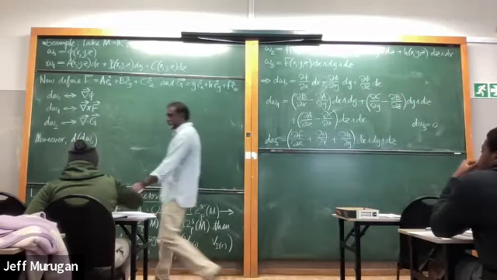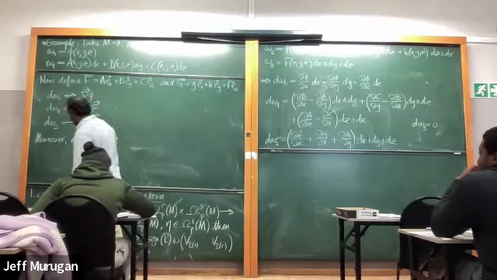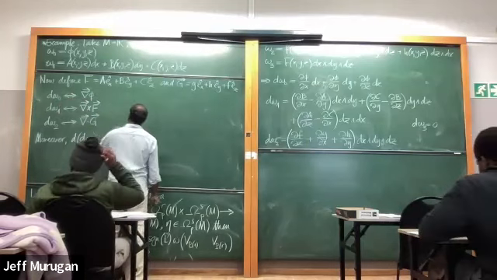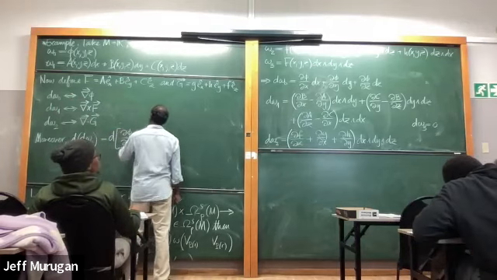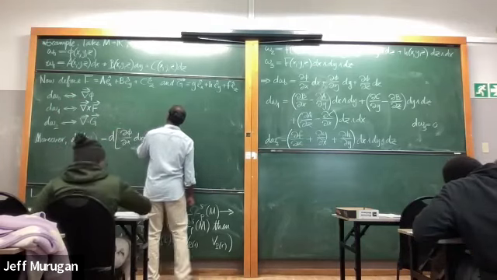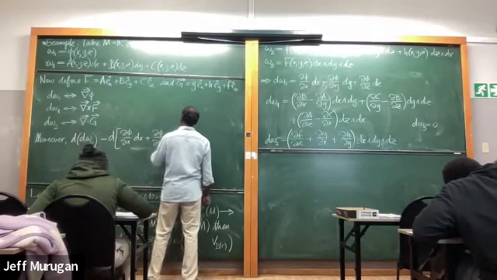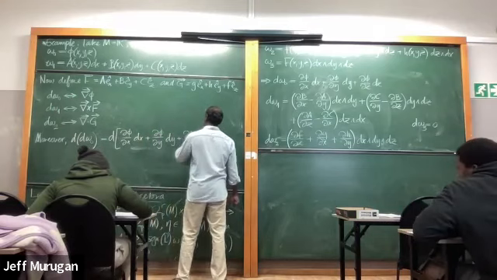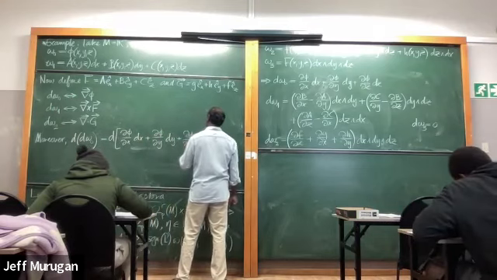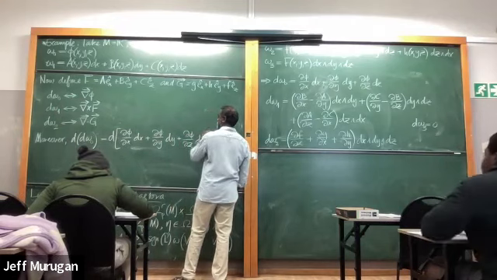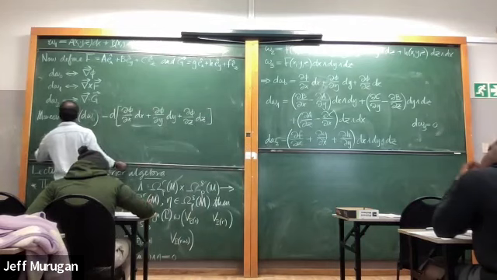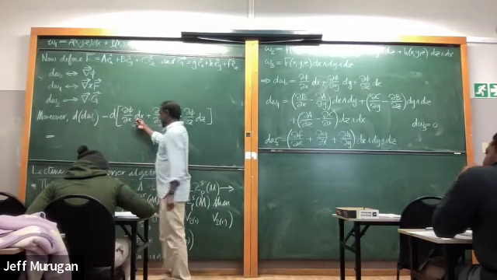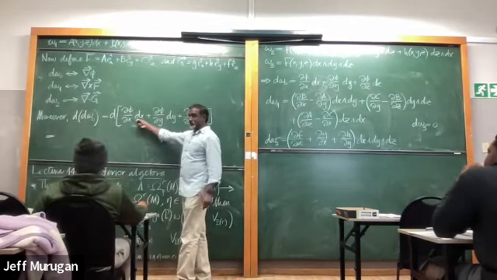If I go d of d omega naught, that's d of d phi dx dx, d phi dy dy, d phi dz dz. Here I can differentiate with respect to y and with respect to z.